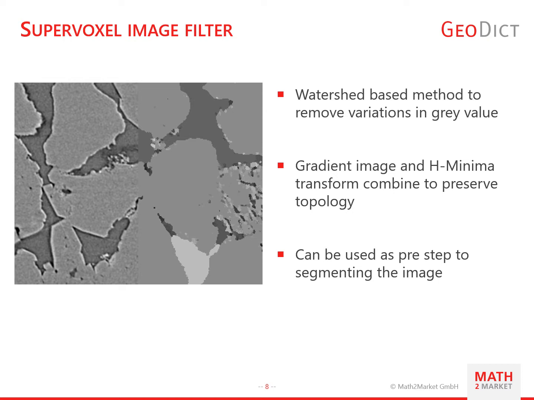On the left the image is a bit noisy and you have these edge highlighting artifacts, and after applying that filter you get more even areas, and you can use this kind of filter as a pre-step to segmenting your image. Depending on how you choose the parameters, it is pretty good at preserving the topology and not blurring out your image compared to, for example, a non-luminance filter.